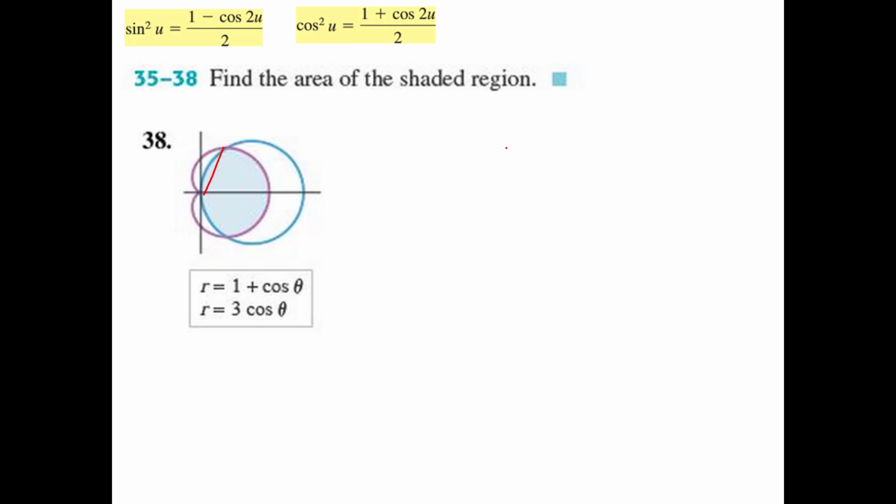So we want 1 plus the cosine of theta to equal 3 cosine theta. So then that will be 1 will equal 2 cosine theta. Cosine of theta will equal 1/2. 30, 60, 90 triangle. 60 degrees, 30 degrees.